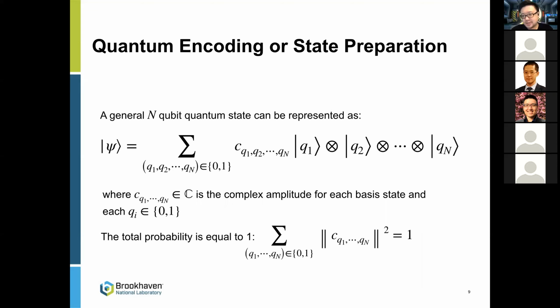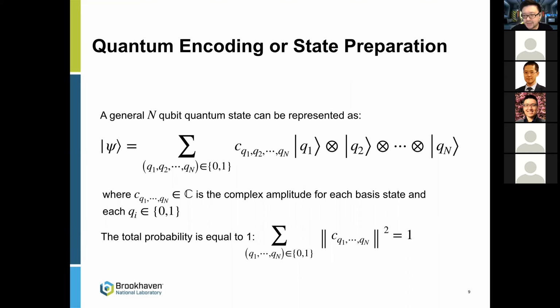So if you have n qubits, then you have 2 to the power of n bases. And here we need to mention that the c squared is the probability of measuring a specific state. So the total probability should sum to 1.